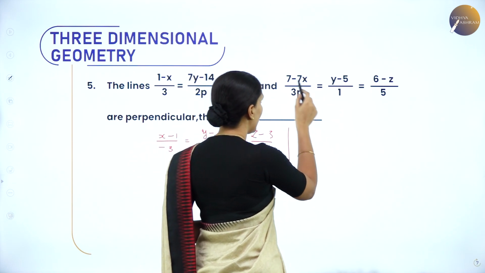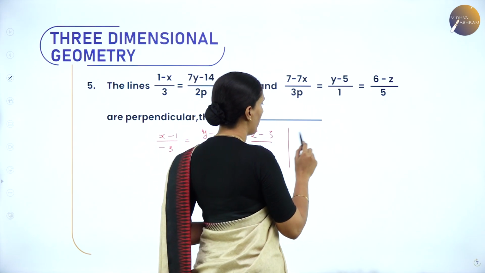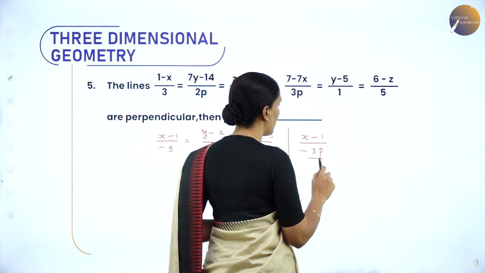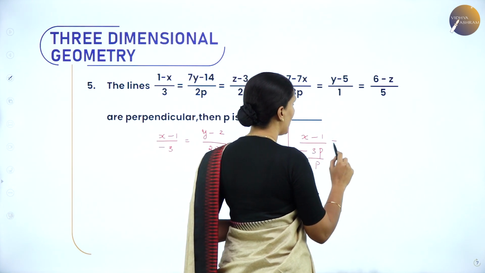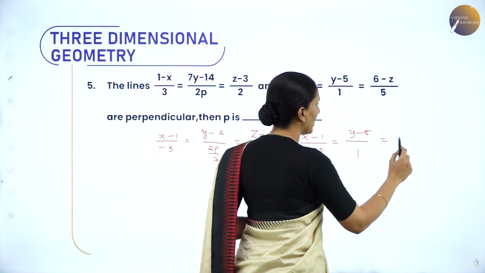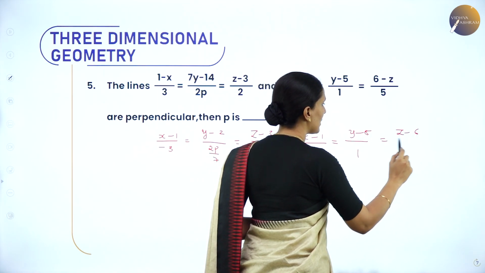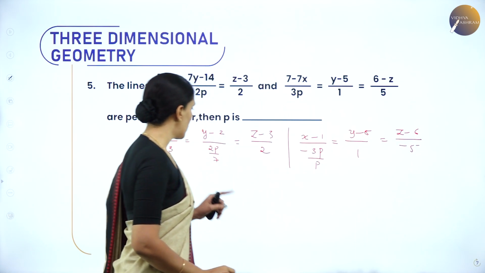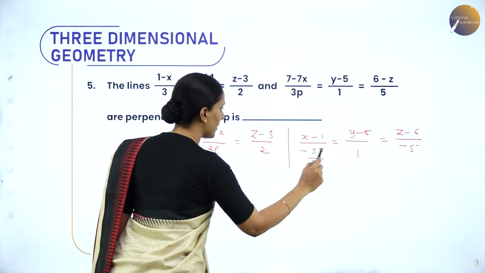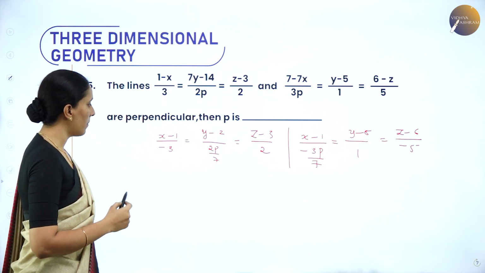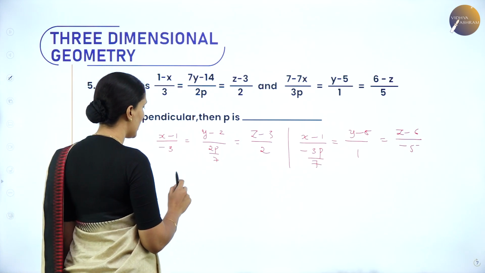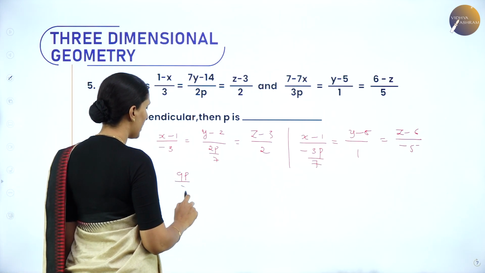And here take minus 7 common, then this will be (x minus 1) divided by minus 3p by 7. And here we have (y minus 5) by 1 as it is. Here take minus outside, then it is (z minus 6) divided by minus 5. So this is vector b1 and this is vector b2. So this is minus 3p by 7. Now let's take minus 3 into minus 3p by 7, which is 9p by 7.